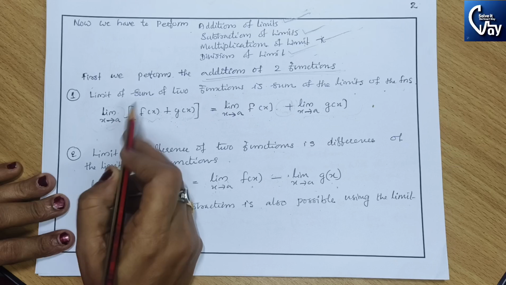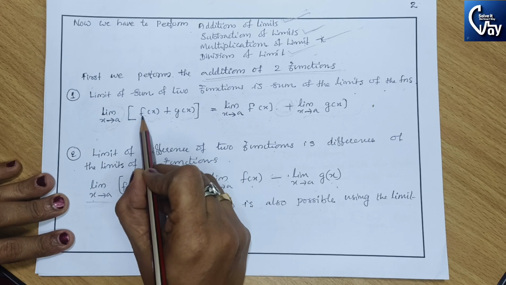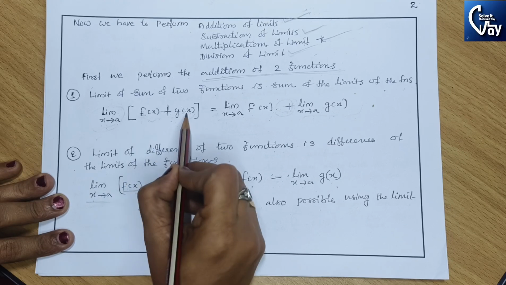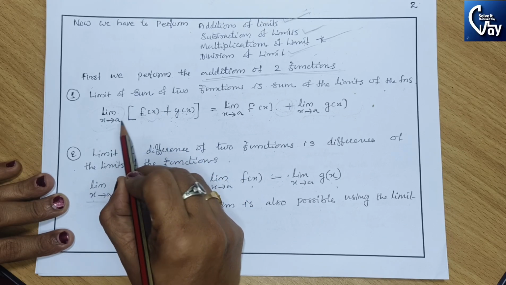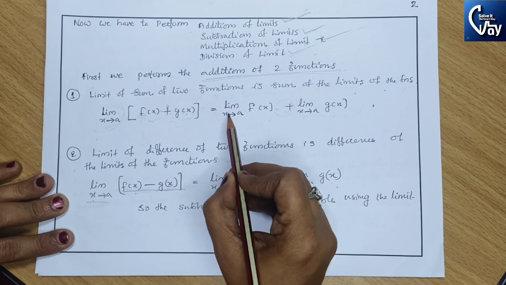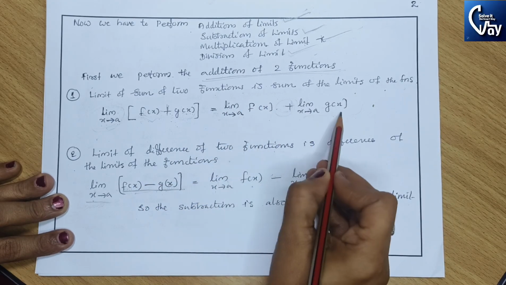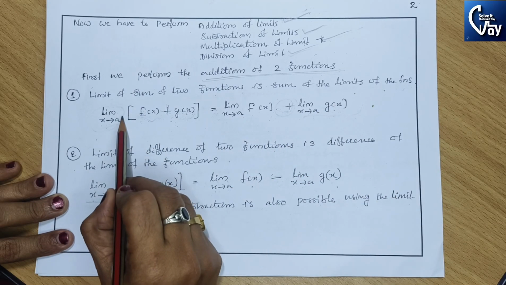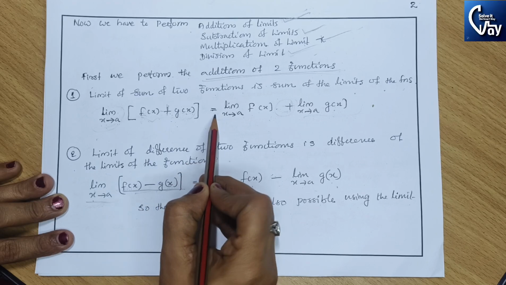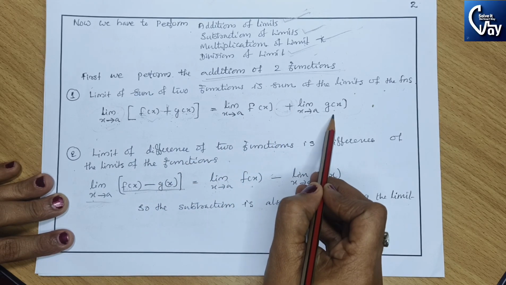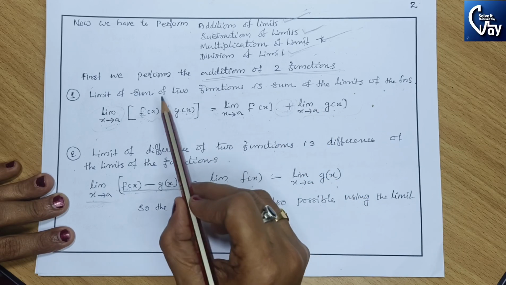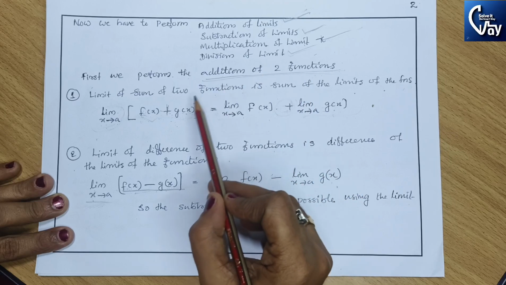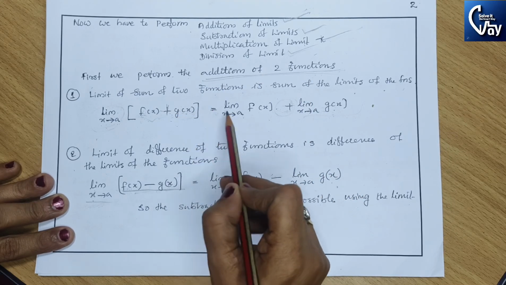Limit x approaching a of f of x plus g of x is equal to limit x approaching a of f of x plus limit x approaching a of g of x. This is how we add two functions.